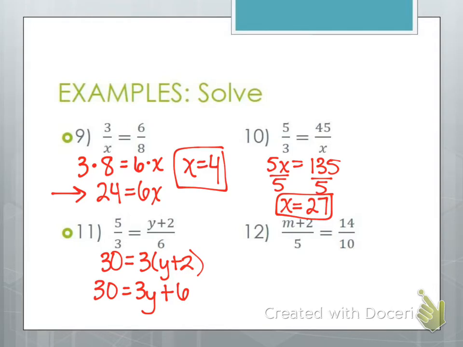So if we take 30 minus 6, we get 24 equals 3y. And then divide by 3, y equals 8. So we had to subtract 6, divide by 3. I was running out of room, so I didn't show those written out. If you do write them out, that's fine.